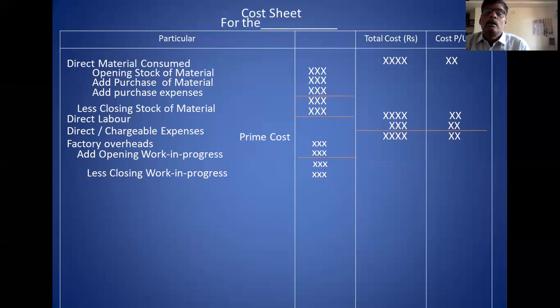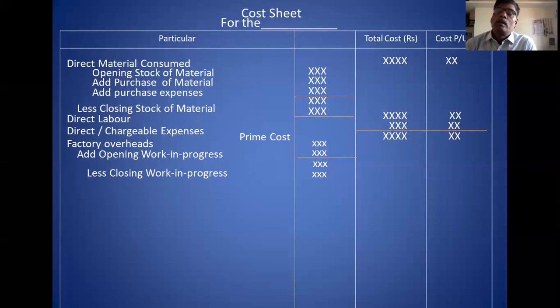It is the work not yet completed, not finished. It is in progress. It is at the conversion level, but not fully converted. Not purely raw material, not purely finished. In between these two, whatever comes, that is called work in progress.